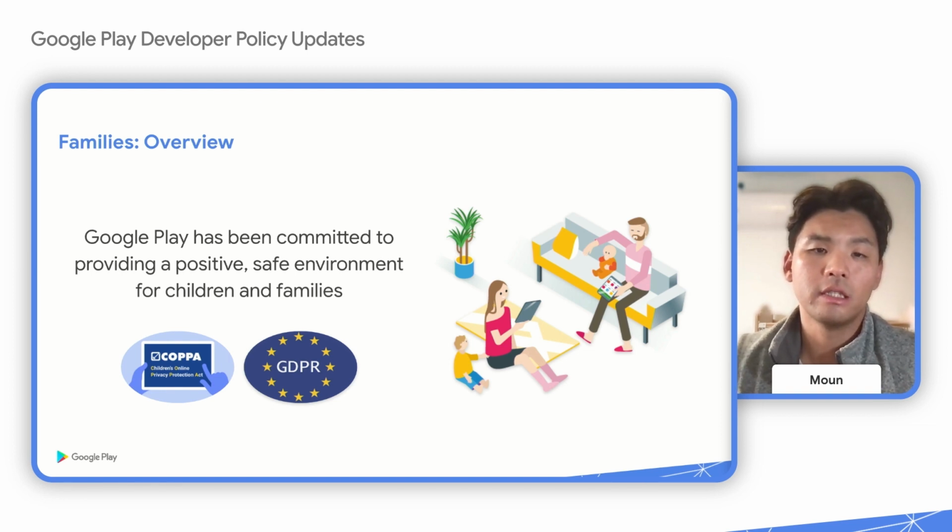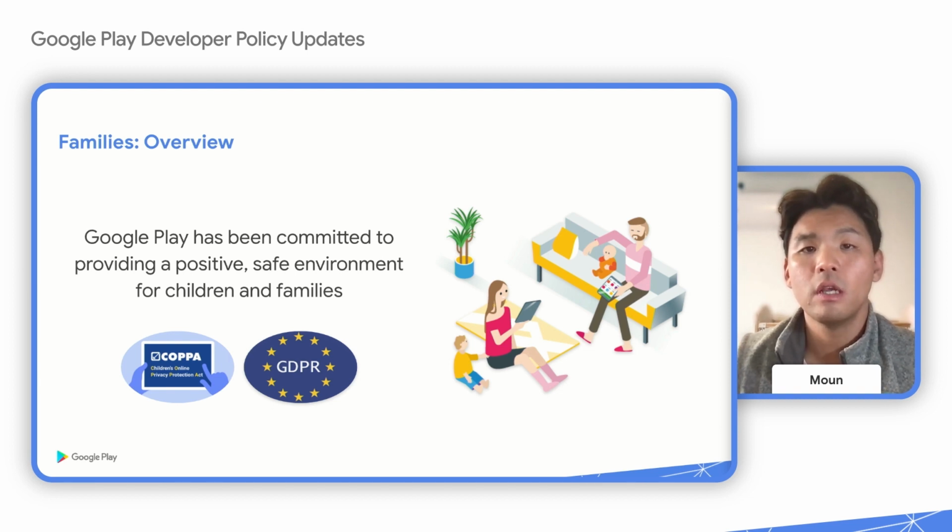We also launched the Design for Families and Teachers Approved programs after receiving feedback that many games and apps appealing to children are deploying dangerous practices, such as surfacing mature ads and collecting personal identifiable information of children inappropriately.